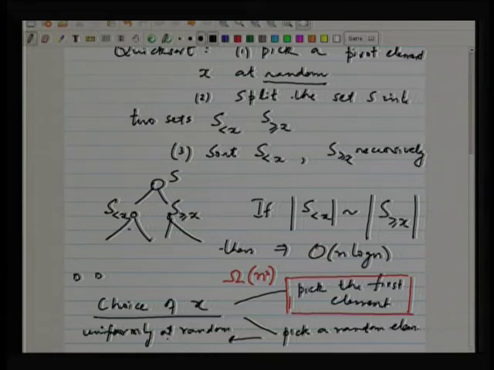They are all equiprobable, and that is what makes it difficult now to construct a bad permutation.